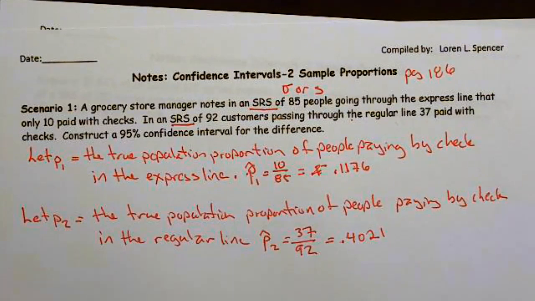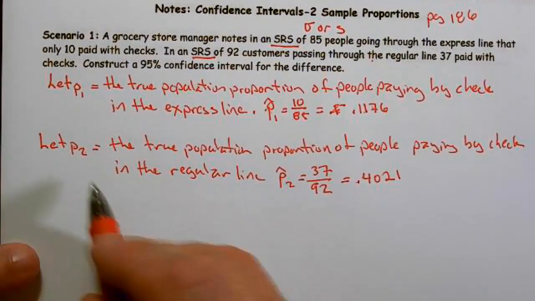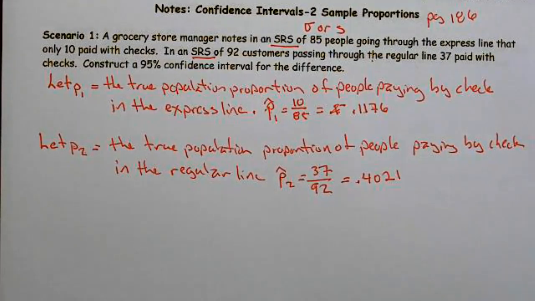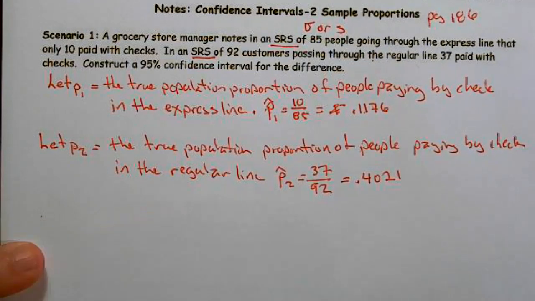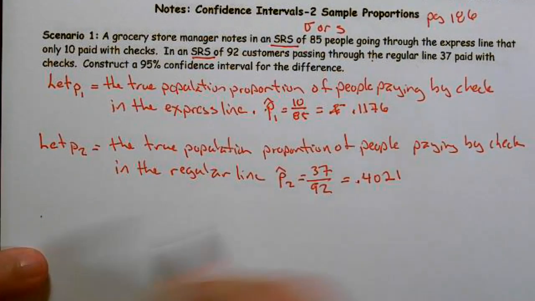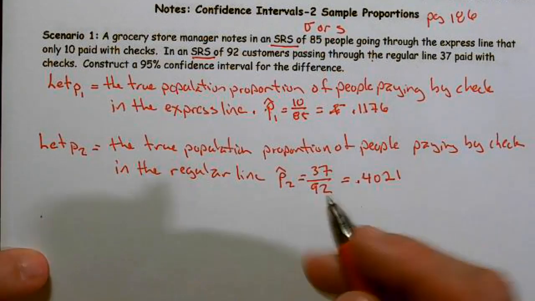All right, so we've defined p1 and p2, and we actually know what p hat 1 and p hat 2 are. The next thing was write the conditions, but the only thing we were going to check is the normality condition, to see if it was normal enough to actually use a z or the normal. We're going to have to do it for p hat 1 and for p hat 2.